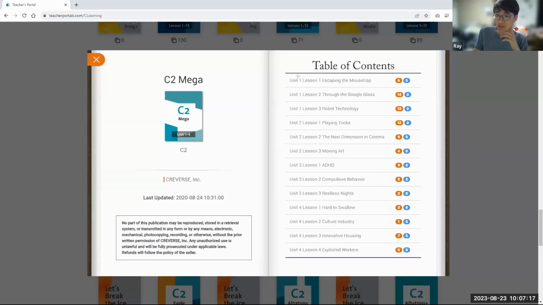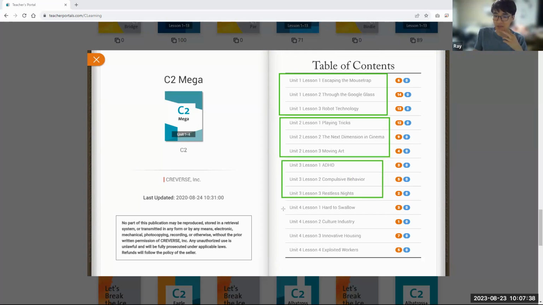The one thing you'll notice here is one unit encapsulates basically three different lessons. Each of these three lessons are part of a unit. This first unit is technology, right? Unit 2 is more about art, unit 3 is about behavior, and unit 4 is more about society.